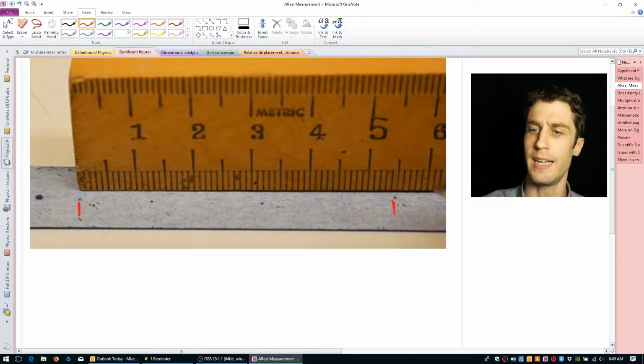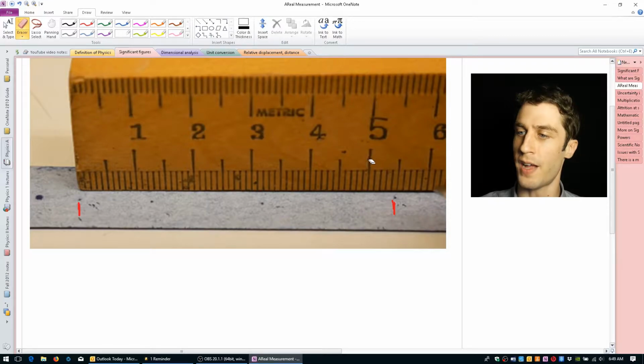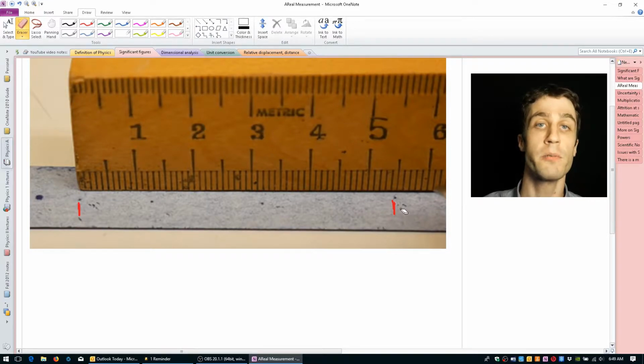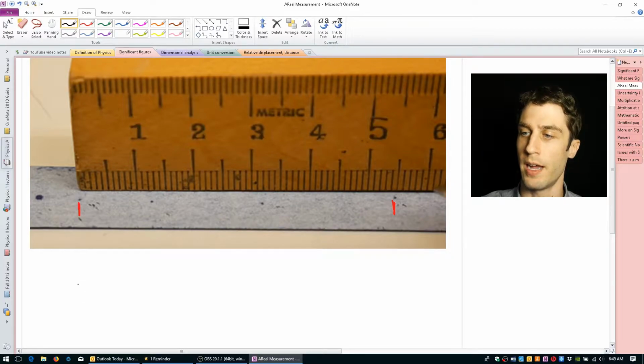Well, the meter stick is lined up with the left dot. And so all we need to do is read where the right dot is. And you could just round up and say that it's 5.5 centimeters, but I think we can do a little bit better than that. If I look very closely here, I see it's between 5 and 6 centimeters. And so I might come up with an estimate of 5.46 centimeters.